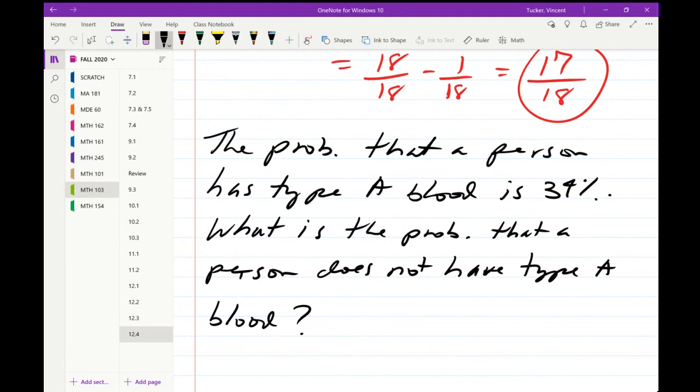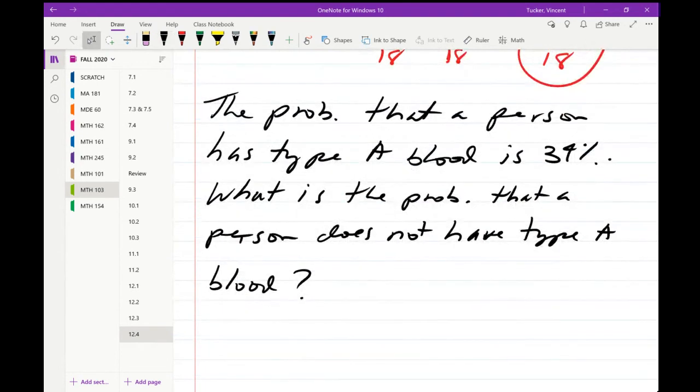All right, the probability that a person has type A blood is 34%. What is the probability that a person does not have type A blood? So once again, we're doing a complement. The probability that a person has it is 34%. The probability that a person does not have it is what we want to know.